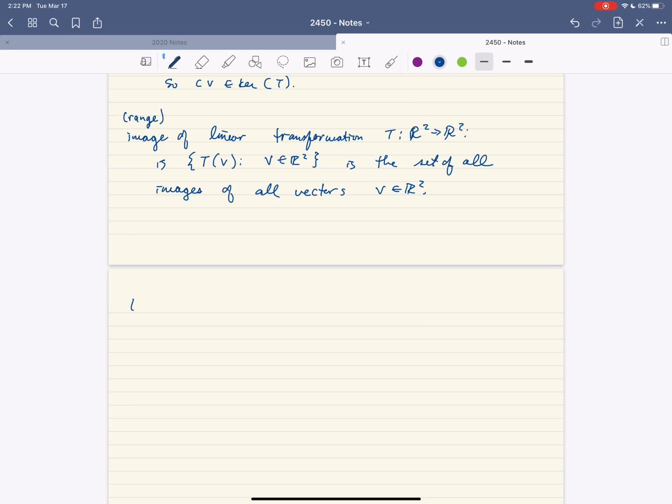And as an example, if T maps (x, y) to (4x + 3y, 4x + y)... sorry, the matrix 4, 1, 3, 1, so that means that we're looking at 4x plus y and 3x plus y. So that's our linear transformation.